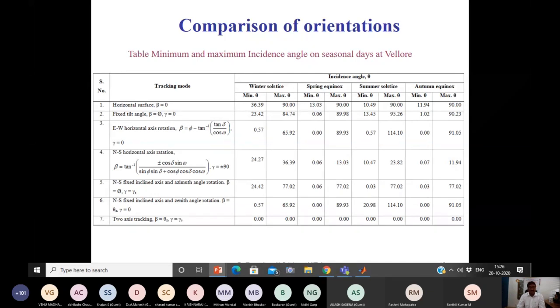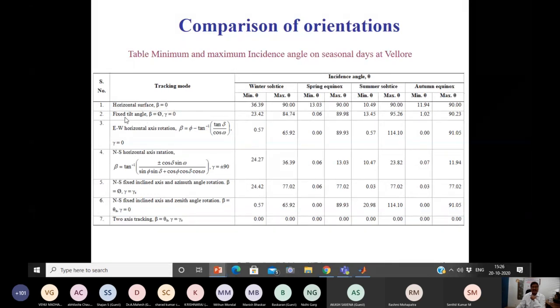So this is one of the applications I can show, where different orientations can be compared. The estimation is based on the orientation, and different orientations are compared here. The incidence angle is also calculated using solar geometry. The first line shows the reference surface, a horizontal surface.